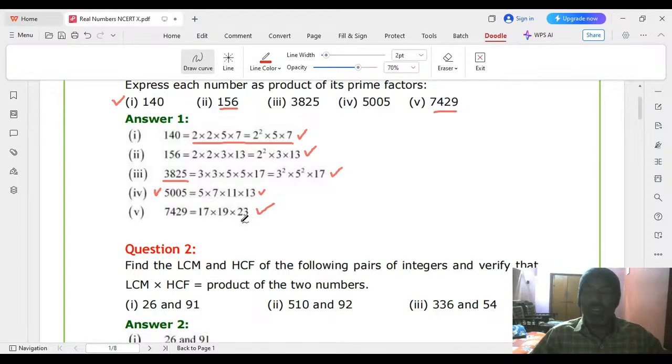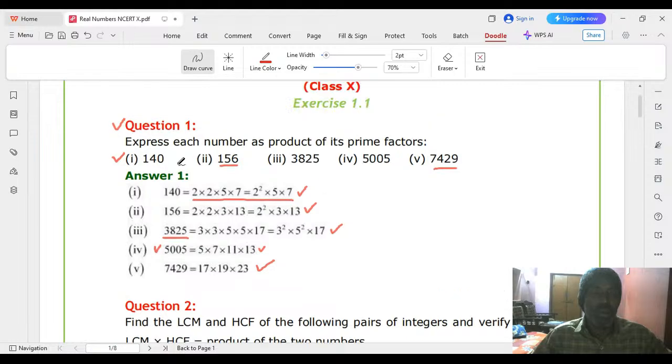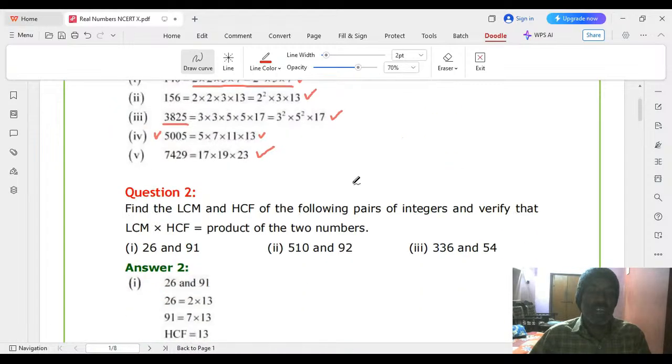I hope there is no problem understanding the explanation of the solution of all sub questions of question number 1. All sub questions of question number 1 are based upon prime numbers or prime factors. If we have an idea about prime numbers, then we have no problem finding the prime factors of any number. Let's see question number 2.